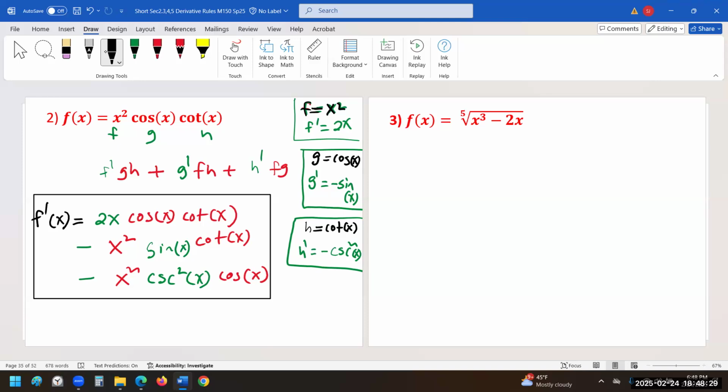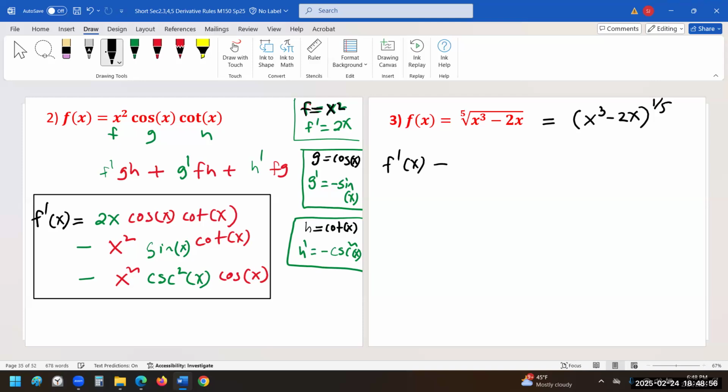Okay, the next one. Which rule? Chain rule. But like I said, we don't do anything until we rewrite any type of radical into exponents. So fifth root becomes what power? 1/5.